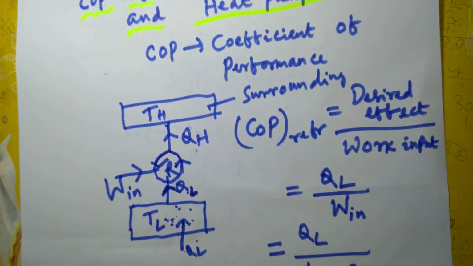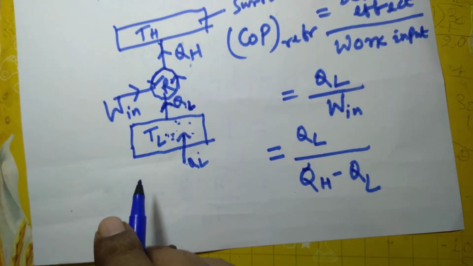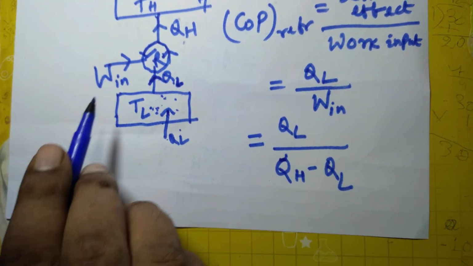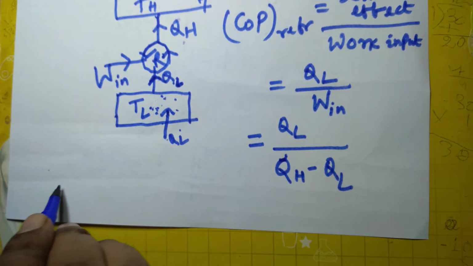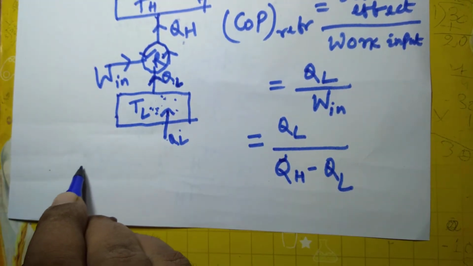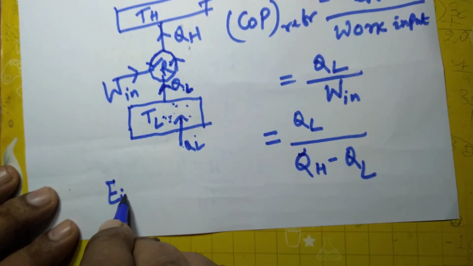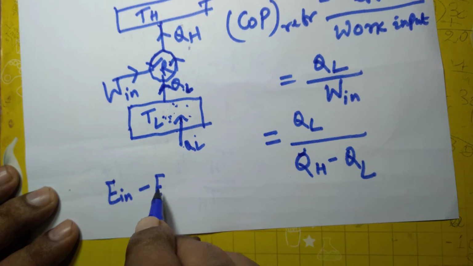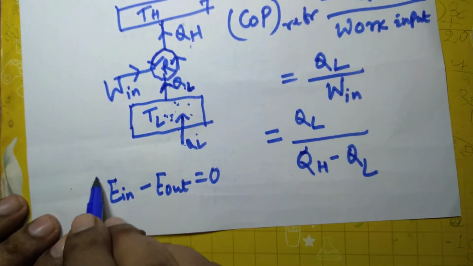QH minus QL, because according to the principle of energy balance, if you apply it to this system undergoing a cyclic process, then always for a cycle, whatever energy enters into a system, E in minus E out, is equal to 0 for a cyclic device.